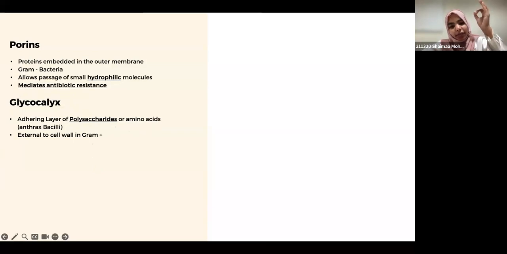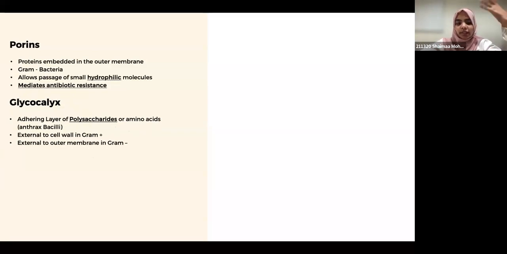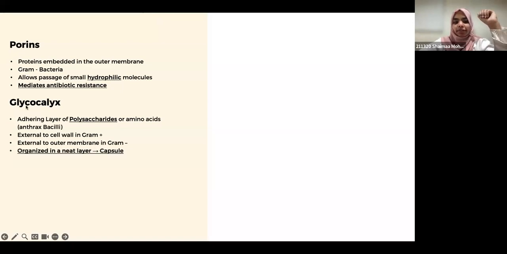In gram-positive bacteria, it's going to be outside the cell wall. In gram-negative bacteria, it's going to be outside the outer membrane, which makes sense because the outermost layer of gram-positive is the cell wall, and the outermost layer of gram-negative is the outer membrane, okay? If the glycocalyx is organized neatly in a very neat layer, this is called a capsule.